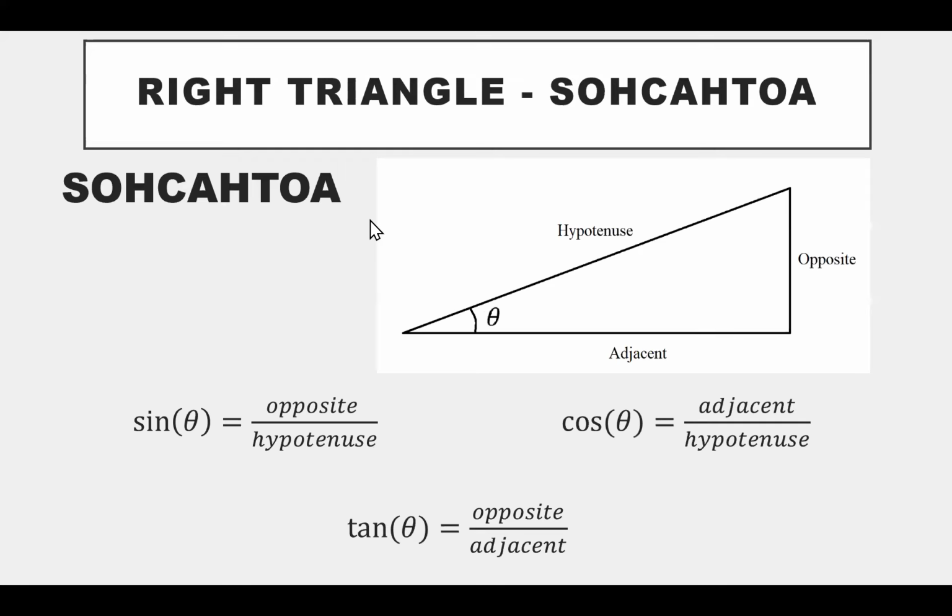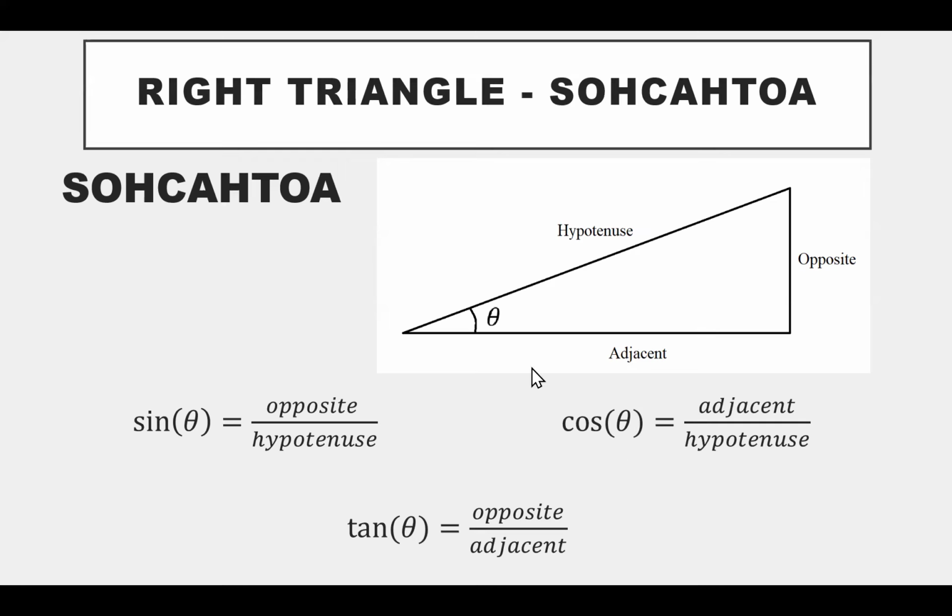Now, when we want to do trig on the right triangle, the mnemonic we use is SOHCAHTOA. This is how sine, cosine, and tangent are defined on a right triangle. The sine of angle theta is the ratio of the length of the leg opposite of theta over the length of the hypotenuse.